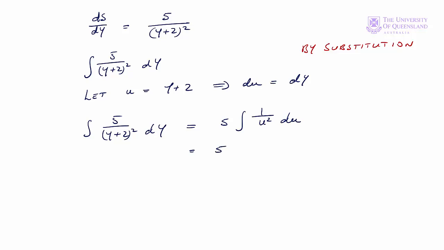Well, that's equal to 5 times minus 1 times u to the minus 1, plus the constant of integration. Since we already have c as consumption, let's call our constant of integration s subscript 0. Substituting back in for u, that gives us the saving function is equal to s subscript 0 minus 5 on y plus 2.